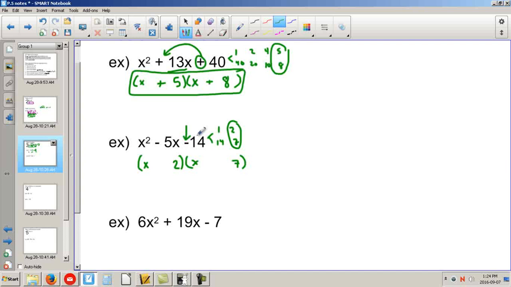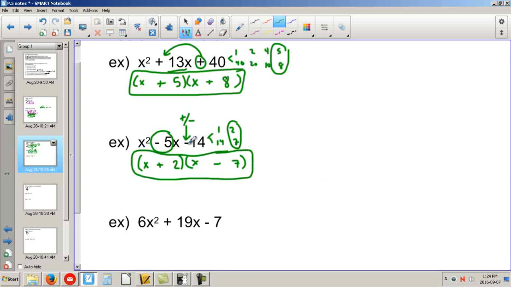The issue is which one's positive, which one's negative. This tells me I have a plus and I have a minus. So I just have to decide where. To get a negative 5 from adding the two of those together, I would need the 7 to be my negative, the 2 to be my positive, because now I have negative 7 plus 2, that is negative 5.